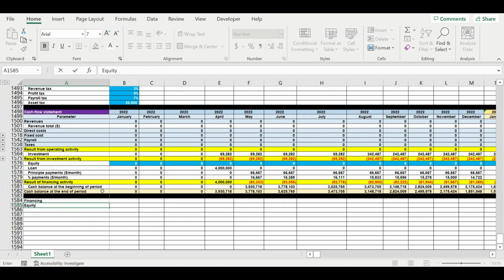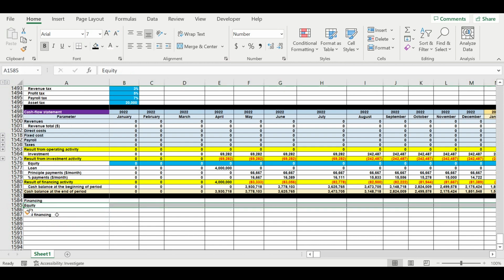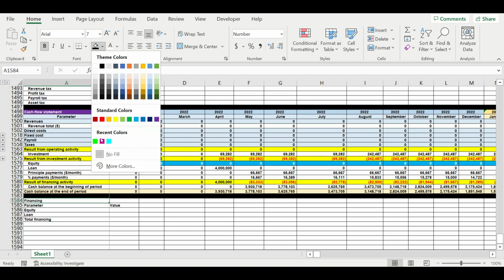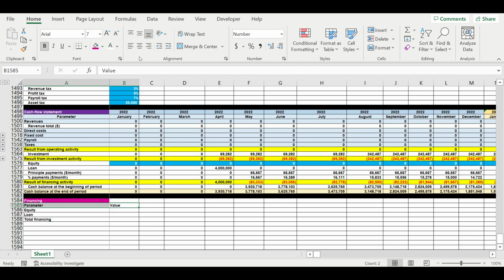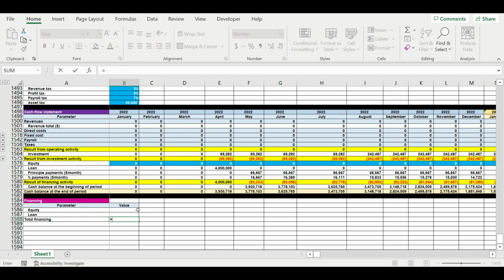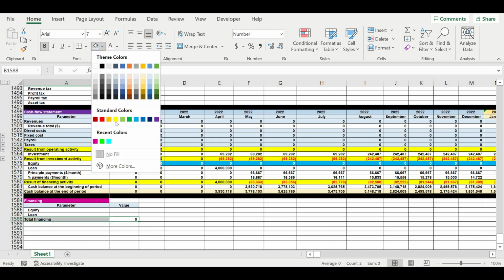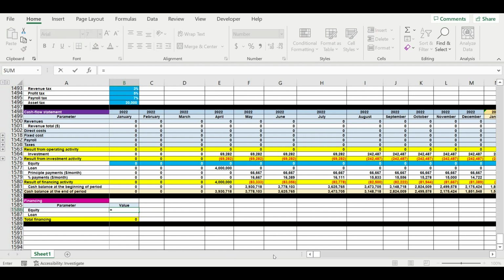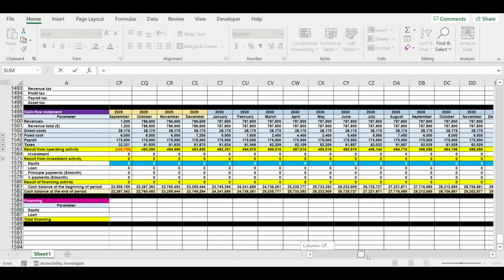We can also create some simple table. Financing: equity, loan, total financing. Parameter, value. So we will just take the data from the table, from the total at the end.